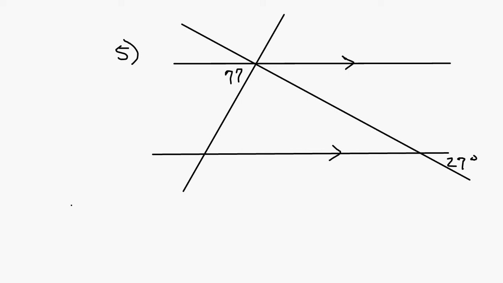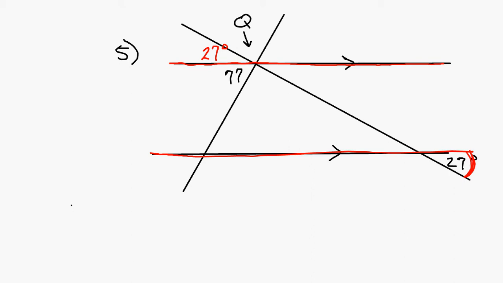Find the measure of angle Q, and angle Q is right here. Okay, if you look at the 2 horizontal lines, this top horizontal and this bottom horizontal, this 27-degree angle is going to be an alternate exterior angle. And it's going to be congruent to this angle right here, which is 27 degrees.